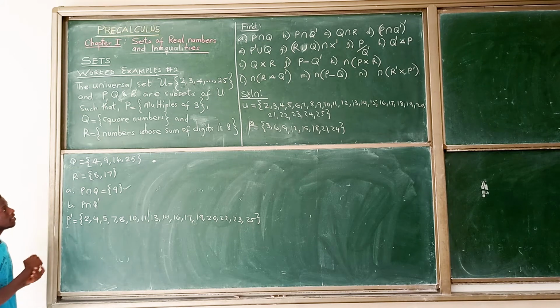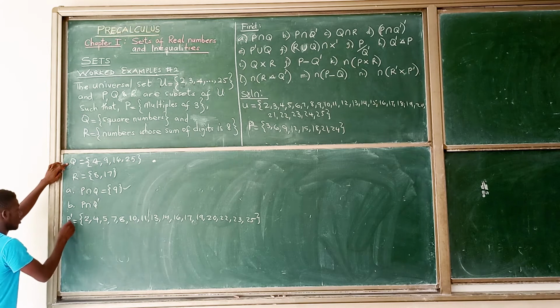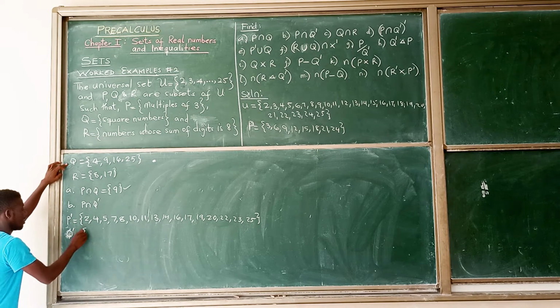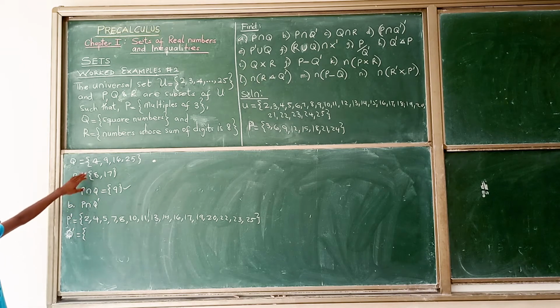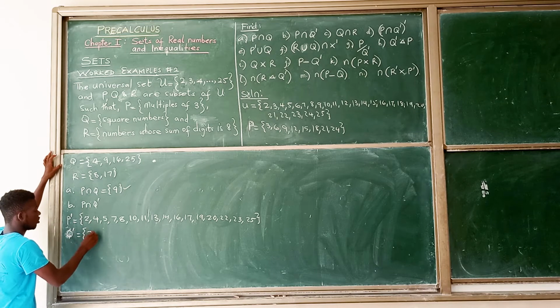The next set is set Q. What are the elements of Q complement? Elements that are in the universal set and are not found in set Q. So the set Q are square numbers. So we have 2, 3.